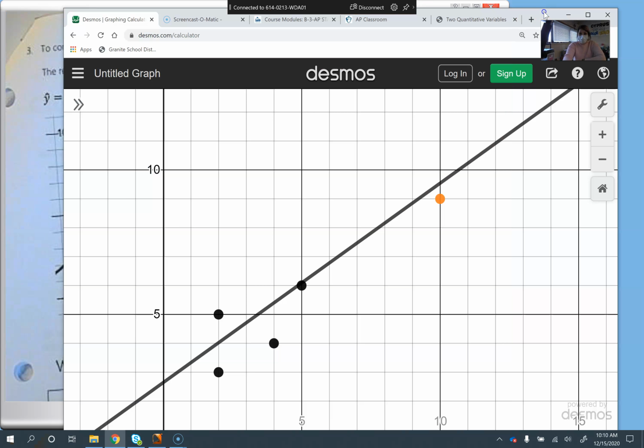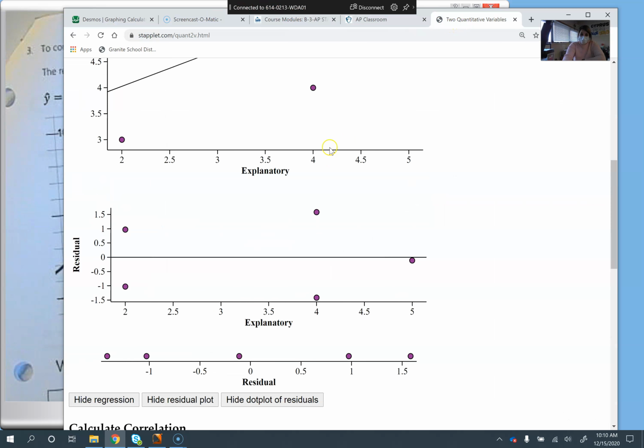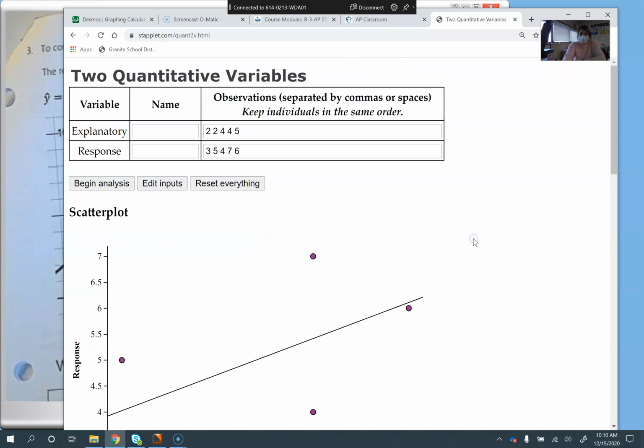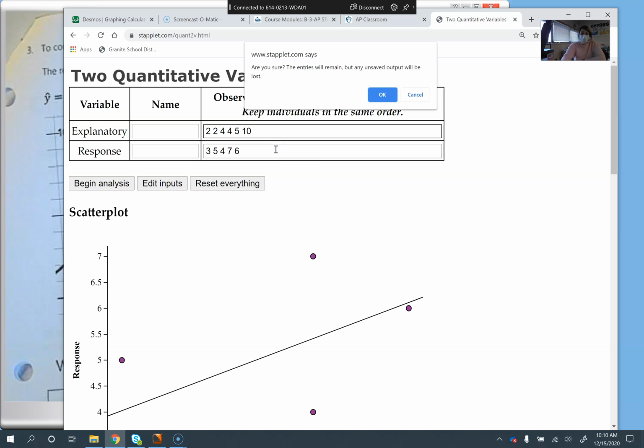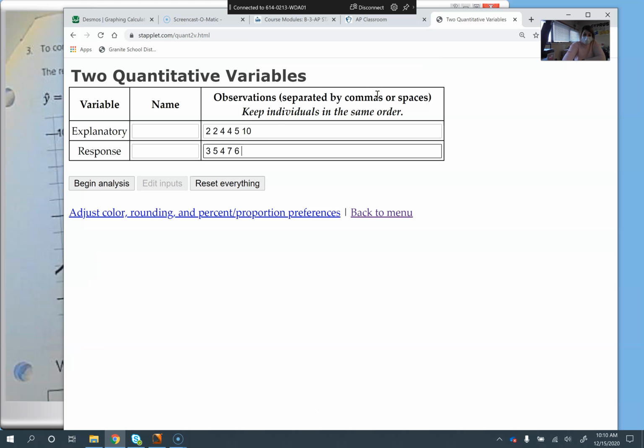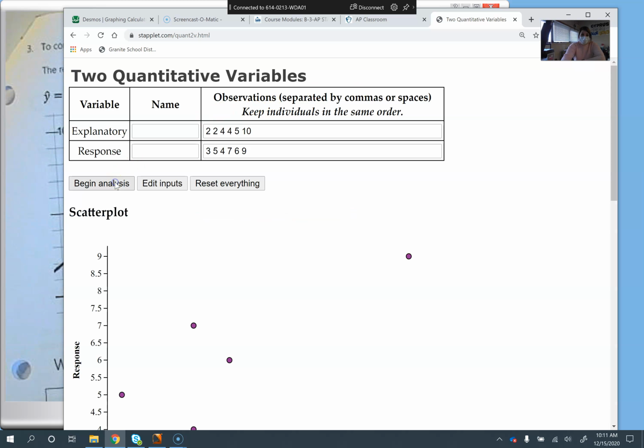We go to our Staplet. We're going to fill in 10. So we scroll back up, do space 10. Now when you click down in the Y, it's going to say, are you sure you want to change your data? You say yes. Space 9, and you begin your analysis again.